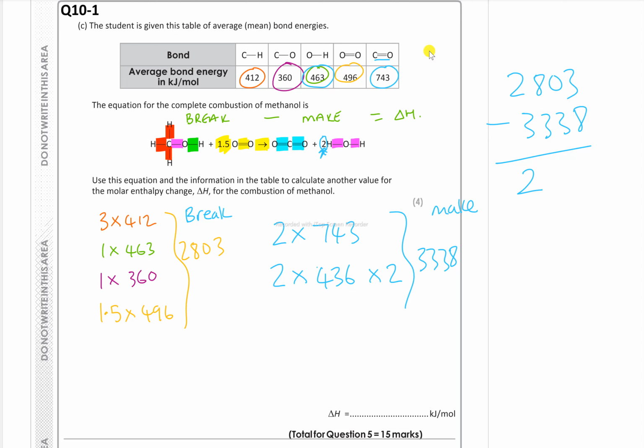It should be minus 535. Yeah. Right. What does this minus indicate to you? That it's what? Exothermic. It's lost heat to the surroundings, so it's lost energy, minus.